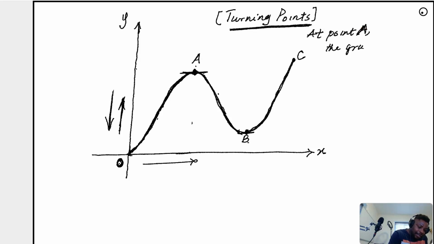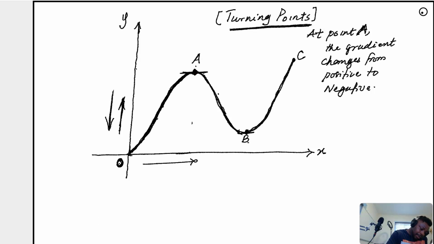The gradient changes from positive to negative, because before point A, gradient is positive.